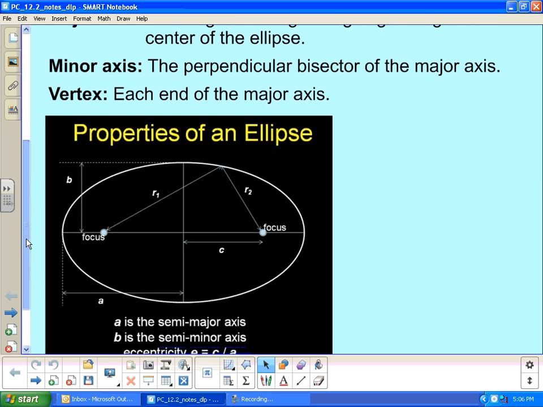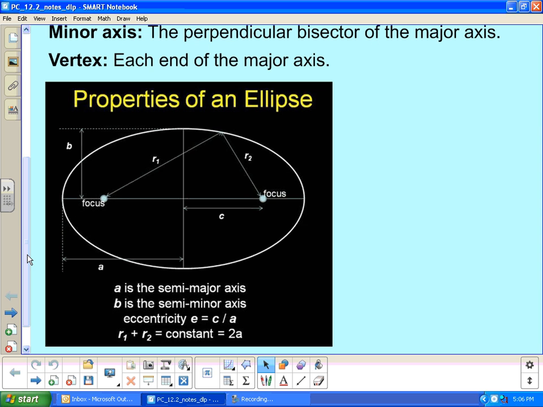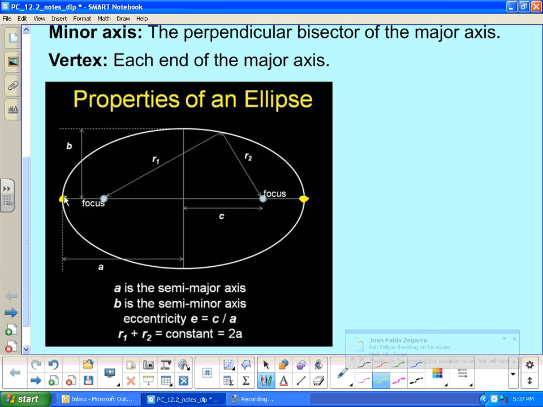So what we have here in this diagram is our ellipse that is having a major axis on the x. And here we have our vertices. There's one of them right there, and there's the other one right there.